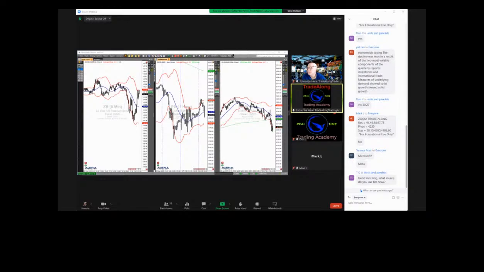That's nice of him. All right, we went down to around 2 and change there, and coming back up here. So we're kind of missing our entry points by just that much on the downside. Again, be a little bit careful down there if we're going to be trading that even area.